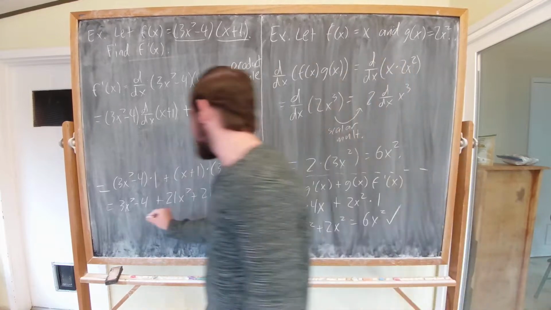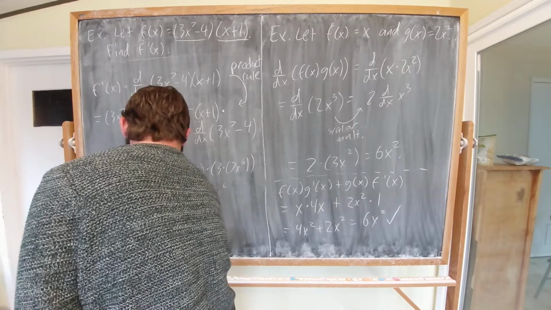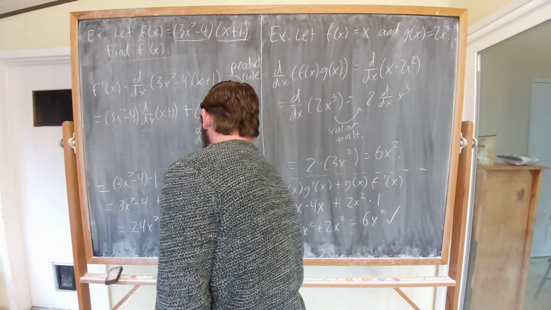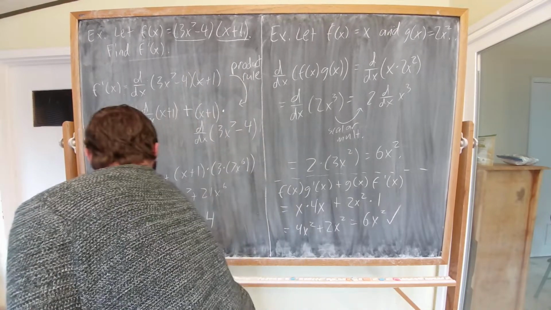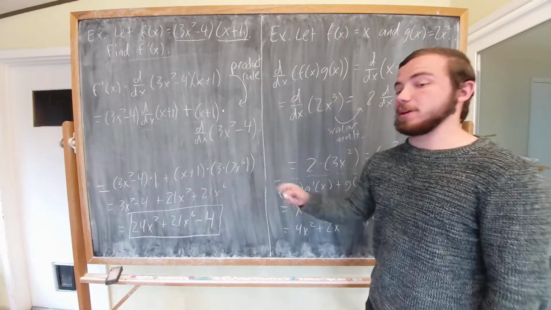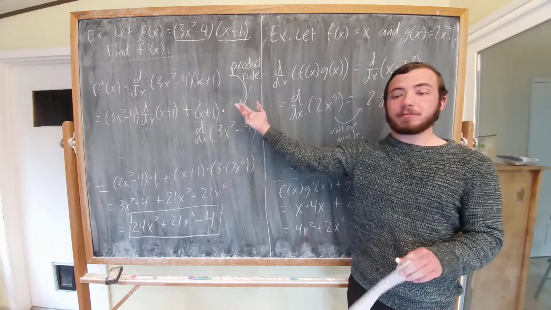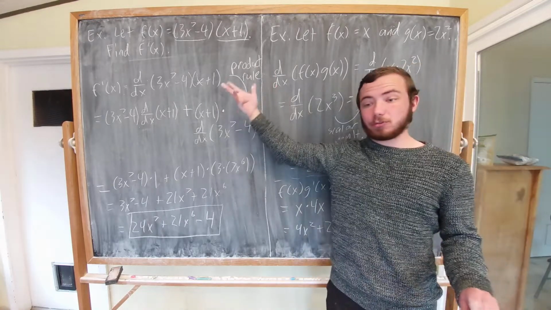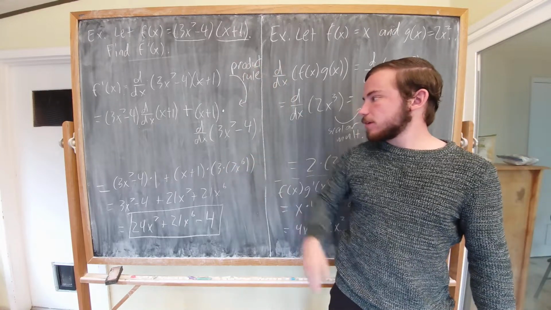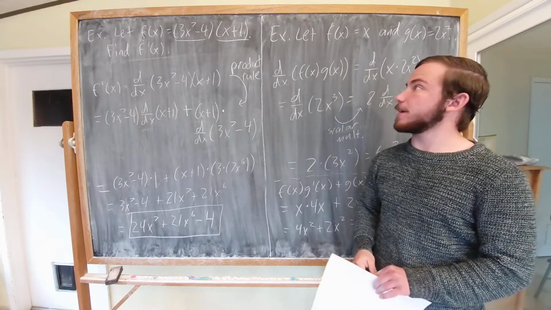Adding all of that together yields 24x to the 7th plus 21x to the 6th minus 4. And that would be our final answer. How about that? So, again, taking derivatives is a nice and easy matter. Just apply the rules in the order that works out. Product, sum, difference, and then just some algebra from there.